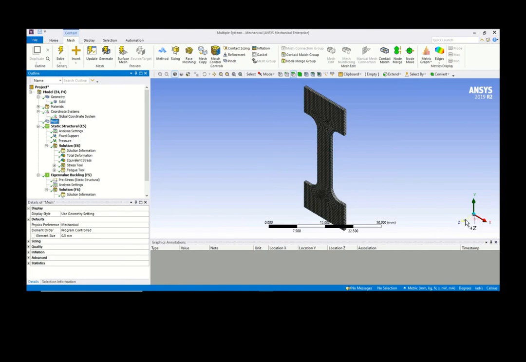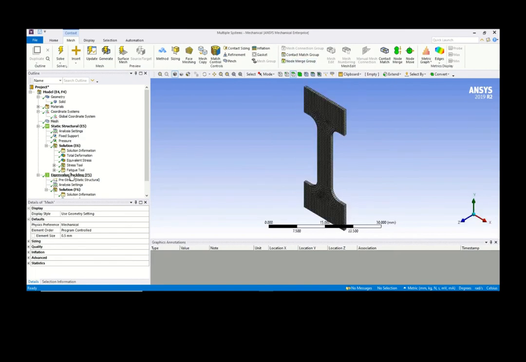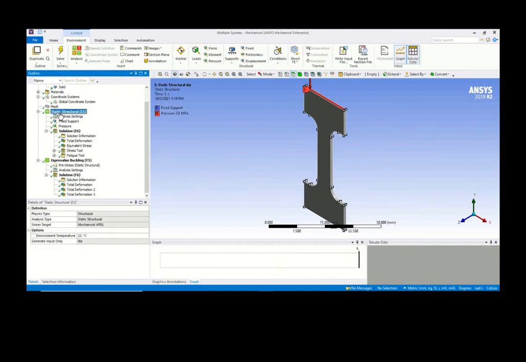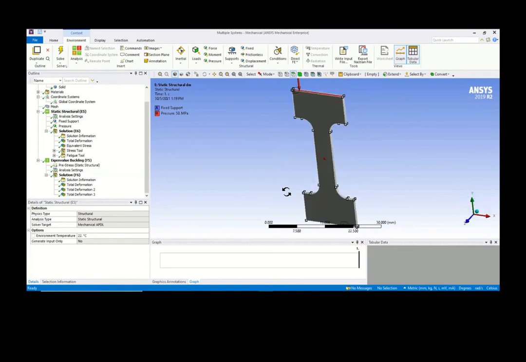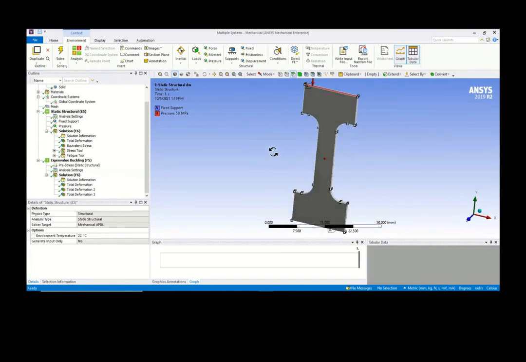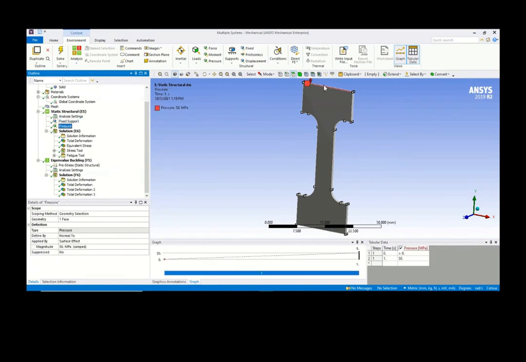At the end you will see something similar like this. Very easy. Next will be the boundary conditions. We put a fixed support at the bottom, then a pressure of 50 megapascal on top. So I am using a fixed support at the bottom, and the pressure of 50 at the top surface.